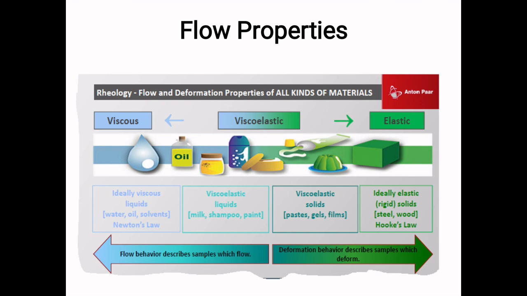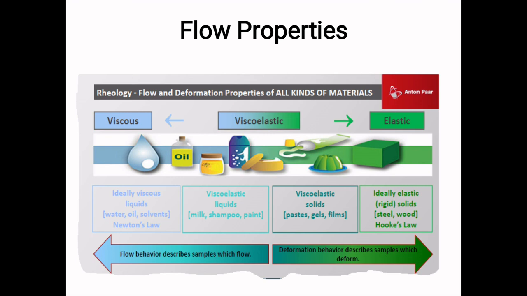So ideally viscous liquids include oil and solvents that follow Newton's law. Viscoelastic liquids like milk, shampoo, paint. Viscoelastic solids like paste, gel, film. Ideally elastic means solids like wood, which follow Hooke's law. So flow behavior describes the sample with flow.